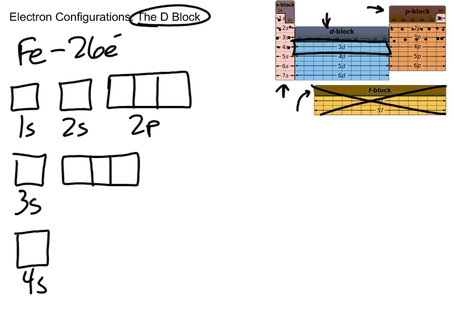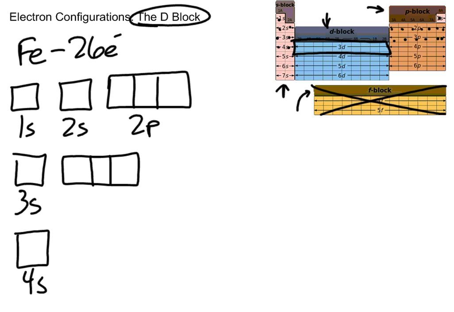Now, as it turns out, when these electrons are being filled, the ones that are closest to the nucleus get filled first. And as it turns out, the 4s orbital gets filled before the 3D orbital. Okay, so this first row of the D block is known as the 3D. Now, you're probably thinking, well, why is it that it's 3D but it's in the 4th row?